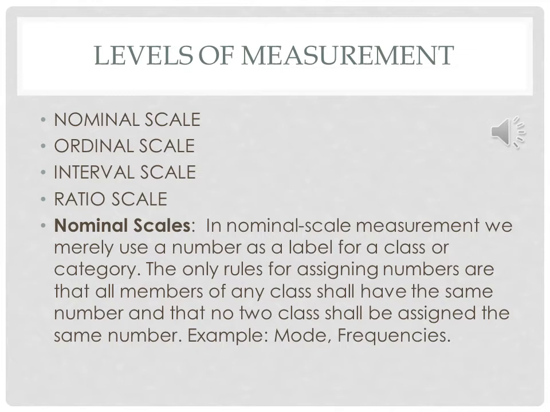When discussing the first one, the nominal scale, in nominal scale measurement we merely use a number as a label for a class or category. The only rules for assigning numbers are that all members of any class shall have the same number, and that no two classes shall be assigned the same number.